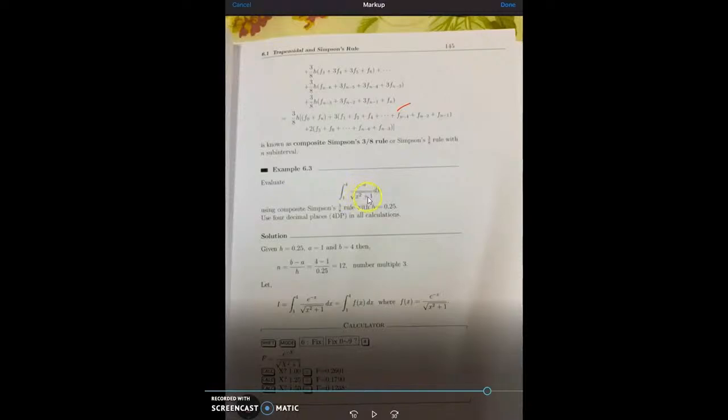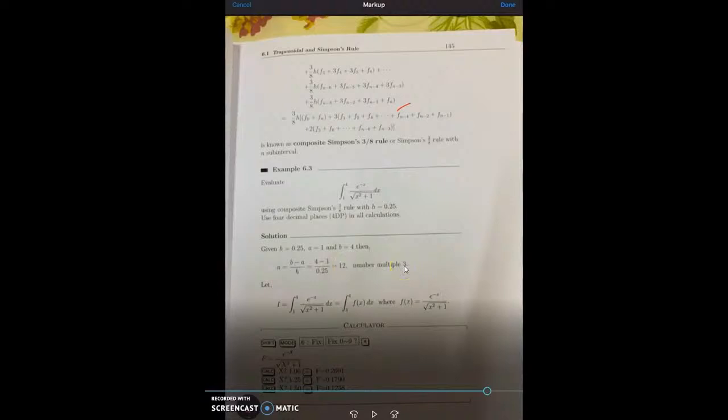Please set the calculator with this F, because you want to create it for x equal to 0, x equal to 1, x equal to 1.25, x equal to 1.5, and so on. Create the F using your calculator. Set your calculator to mode fix 4 for decimal places. Now draw the table into 5 columns.